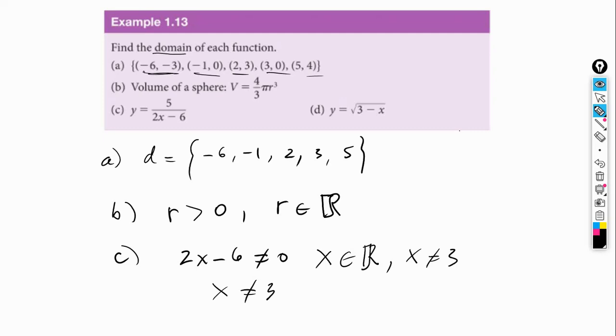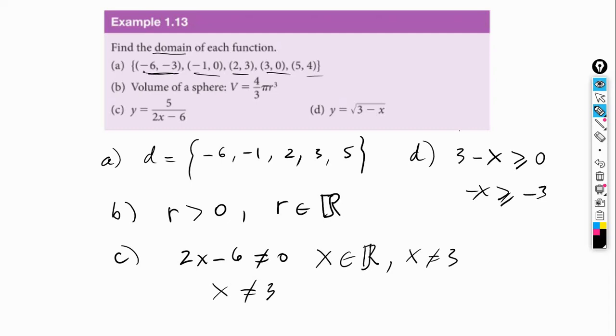For example D, we also have restrictions in the case of square roots. We know that square roots cannot be negative. They can be 0, but they cannot be negative. Therefore, the expression 3 minus x must be greater than or equal to 0. Then minus x must be greater than or equal to minus 3.